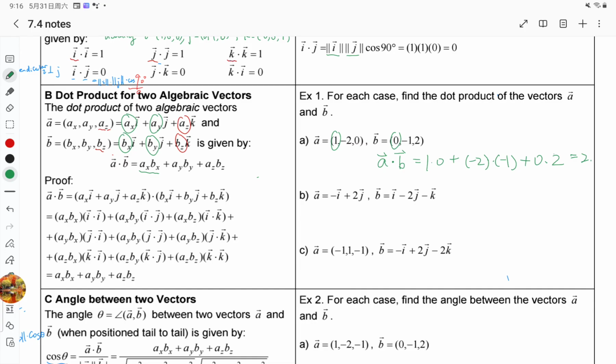Okay, and then if you see the IJK form here, I think it's convenient to put it in component form so that it's easier to multiply together, right? So in this IJK form, I just write down the scalar 1 here, and then in front of J is -2 here, and in front of K is -1 here.